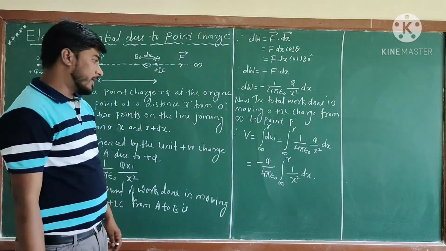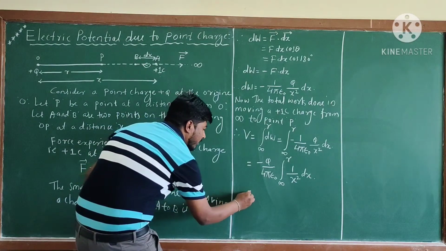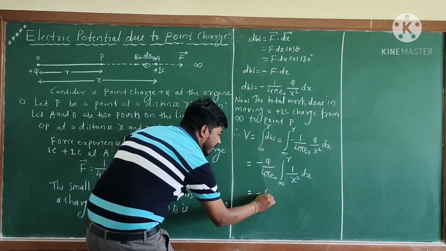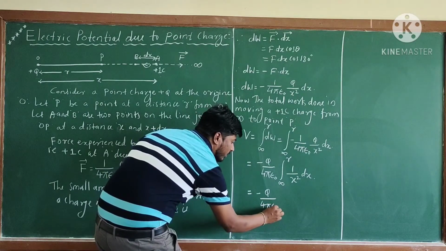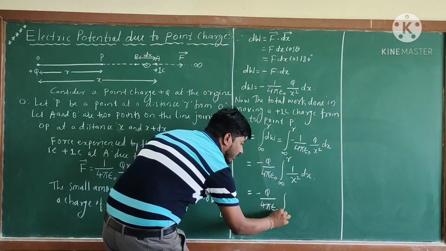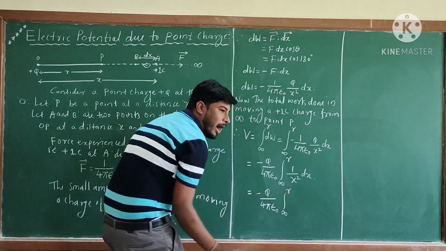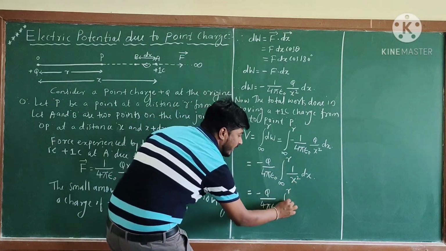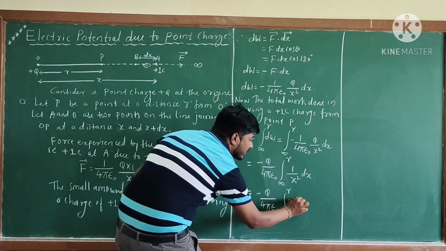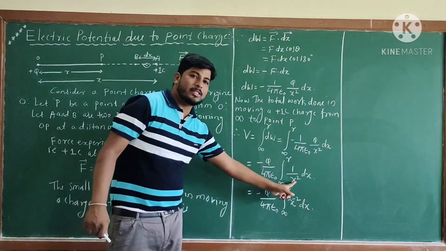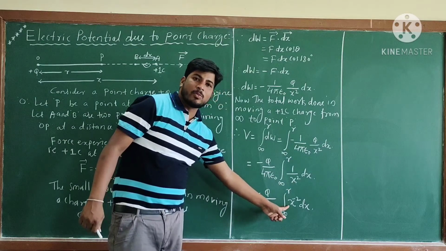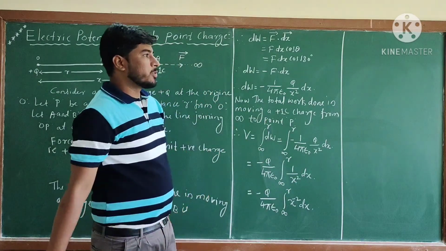Or we write it as minus q divided by 4 pi epsilon naught integral over infinity to r. 1 by x square can be written in the form of x raised to minus 2.